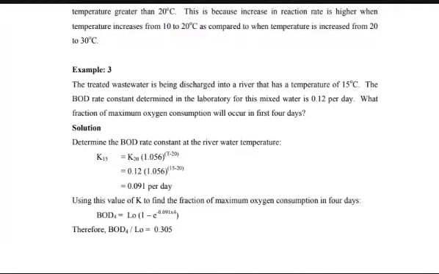So you write K15 is equal to K suffix 20 into 1.056 raised to the power T, which is 15 minus 20.